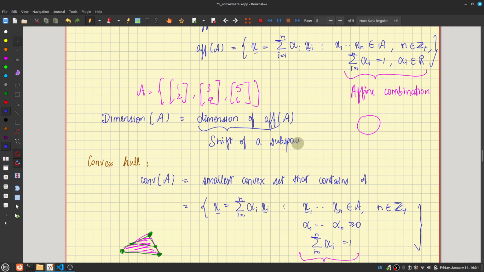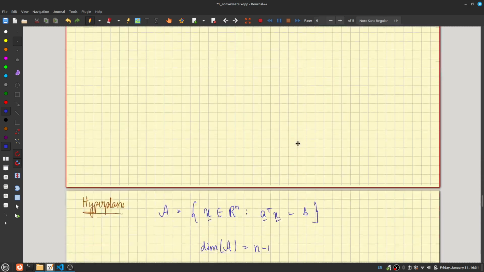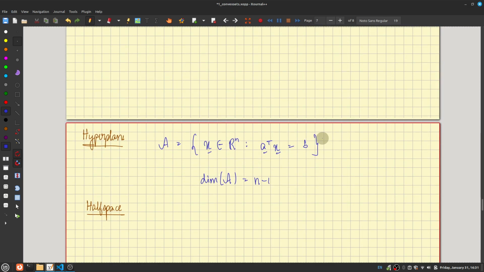Right? Similarly, you can obtain the hyperplane as the shift of an n minus 1 dimensional subspace of Rn. Right? So the dimension of a hyperplane is n minus 1. Any questions?